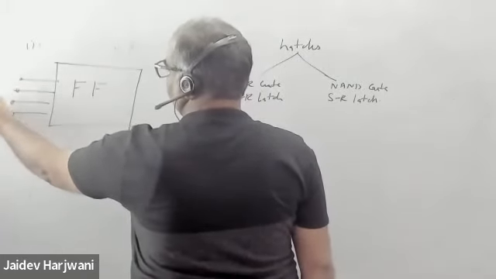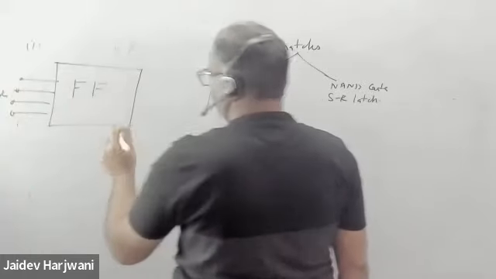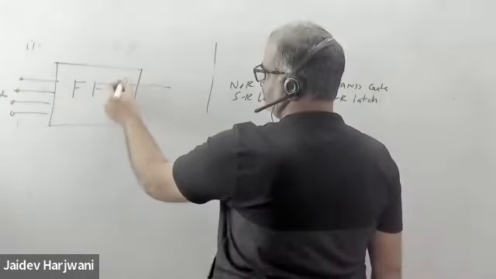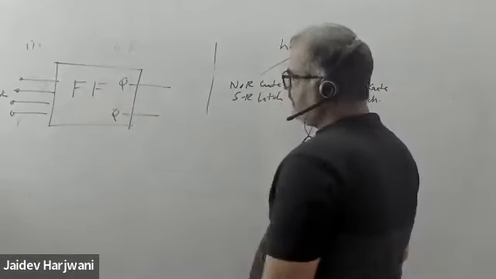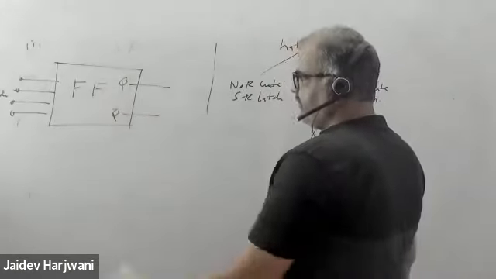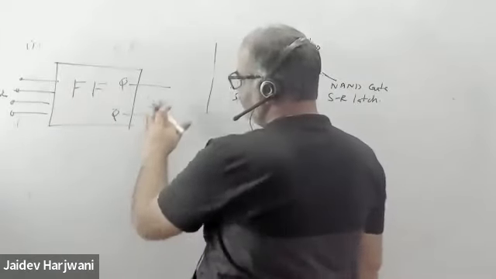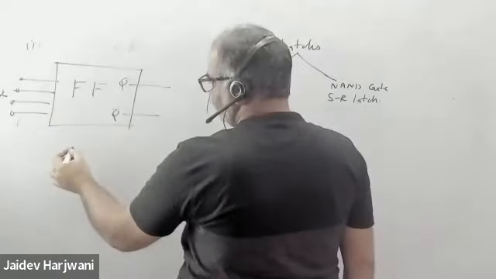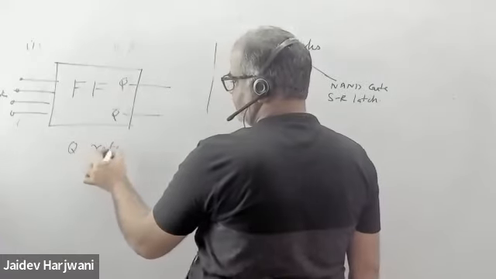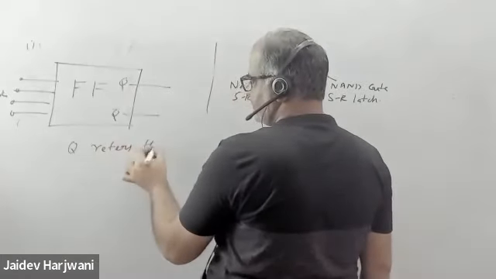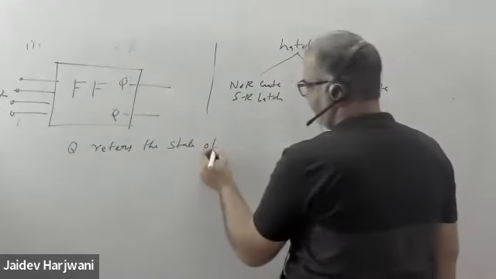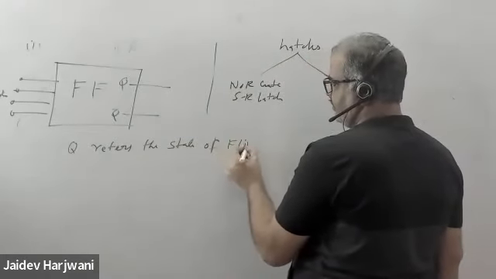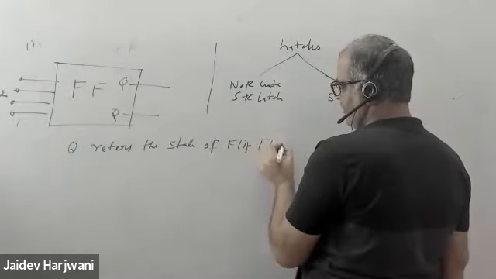It can have many inputs, but it has two outputs, Q and Q bar. Q refers to the state of the flip flop.